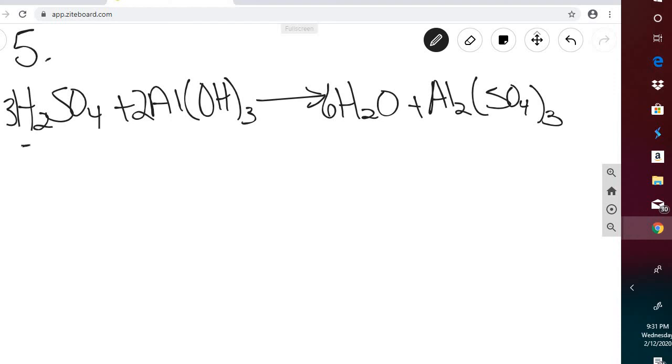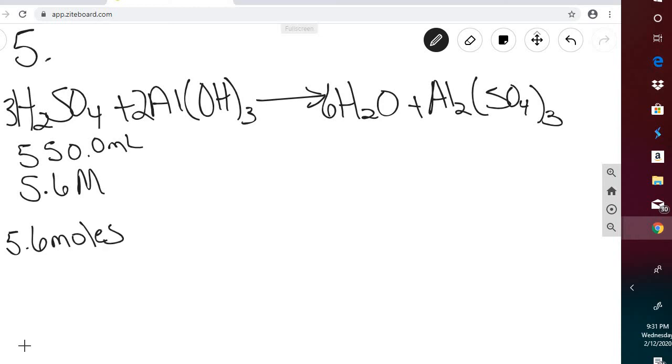So here's what we have. We have 550.0 milliliters of H2SO4, and it's 5.6 molar. Okay, so let's get moles of that by taking the molarity times liters, so 5.6 moles over liters, which is what molarity is, times the number of liters.